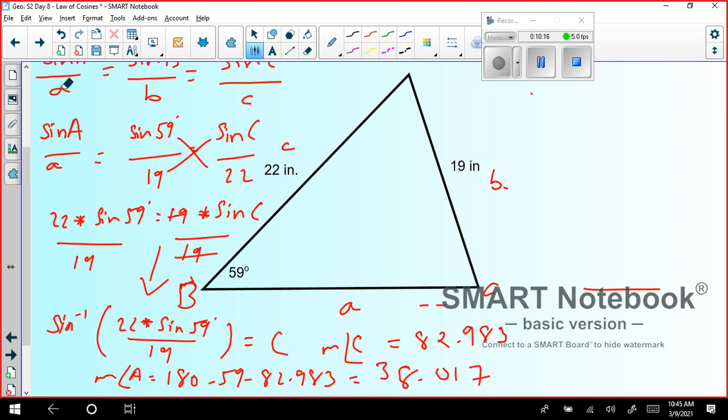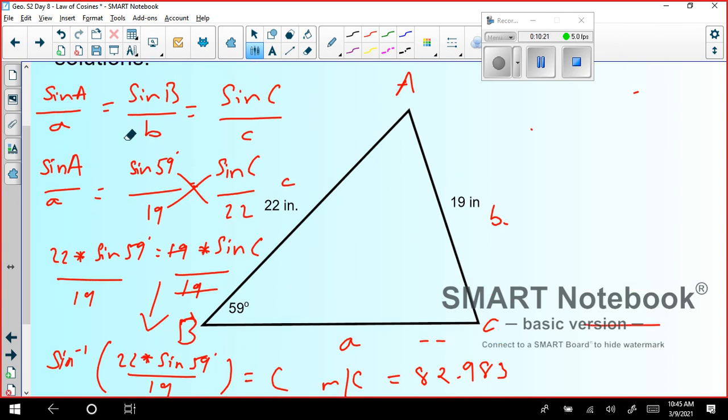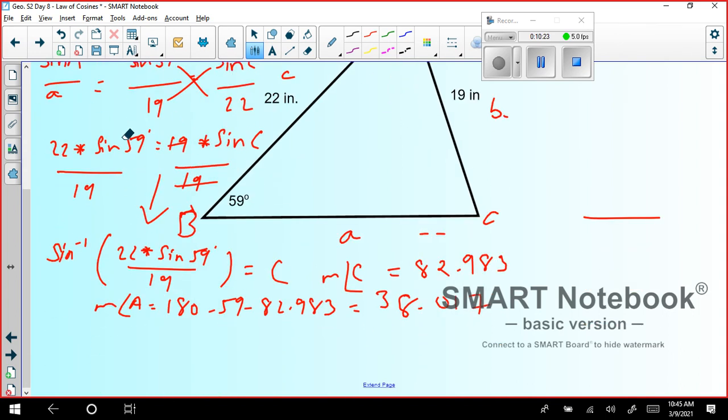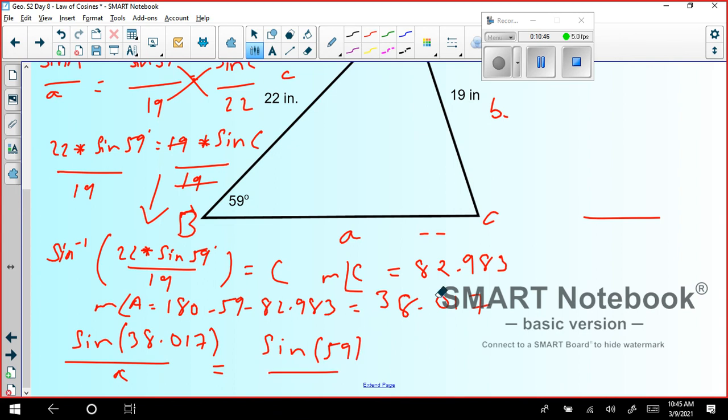Further, I can find small a using this equation: side a over sine A equals side b over sine B. Sine of A, that is 38.017, over small a, which I don't have, equals side of sine 59 over b, which is 90.